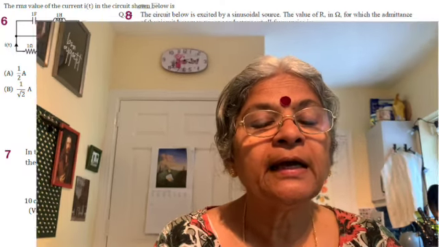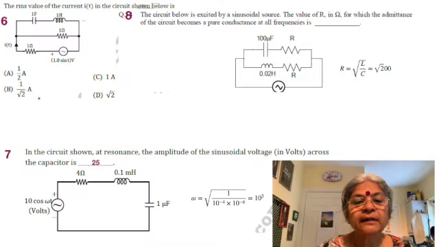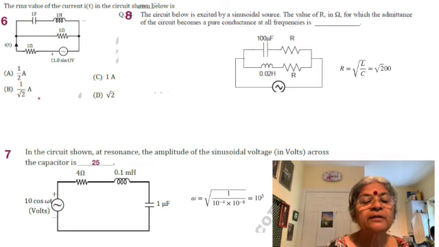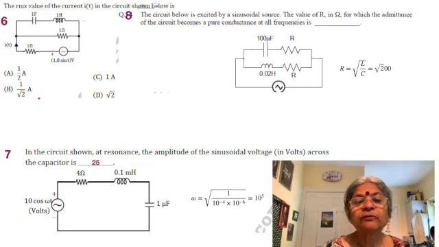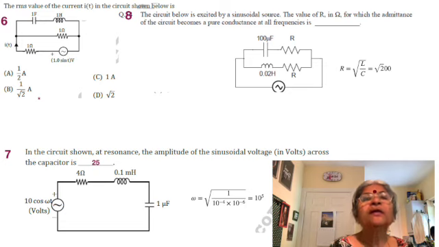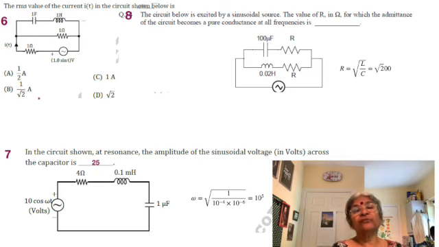Now we have the eighth problem. There's an inductor, there's a capacitor with series resistances for them, and they are across an AC source. The circuit below is excited by the sinusoidal voltage. The value R in ohms, for which the admittance of the circuit becomes a pure conductance at all frequencies. This is possible only if we have the circuit terminating in the natural impedance of the circuit, and the natural impedance is always given by square root of L by C. So there is an L value and a C value.